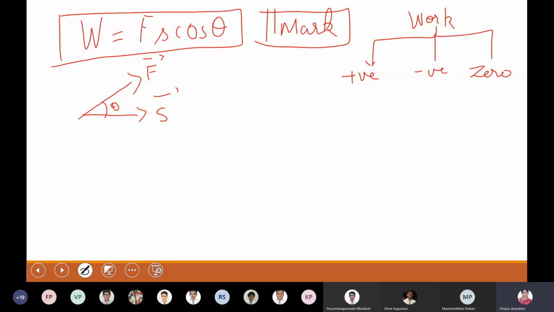Now mathematically, how can we classify the work as positive, negative, and zero? Now look at this value of theta. I'm talking about positive work.